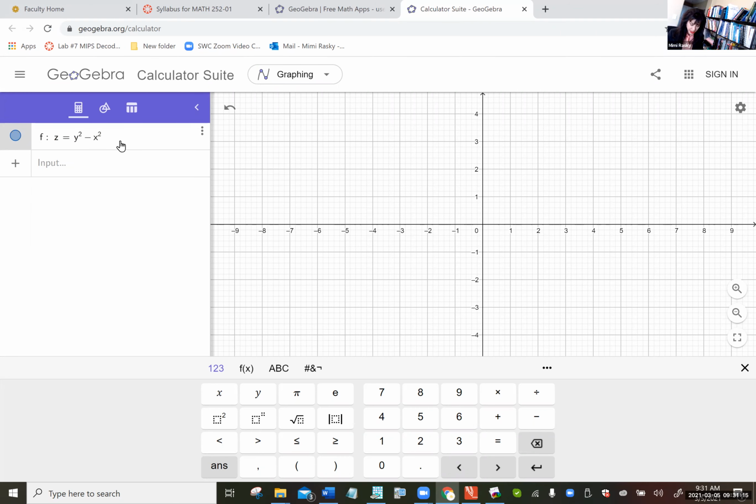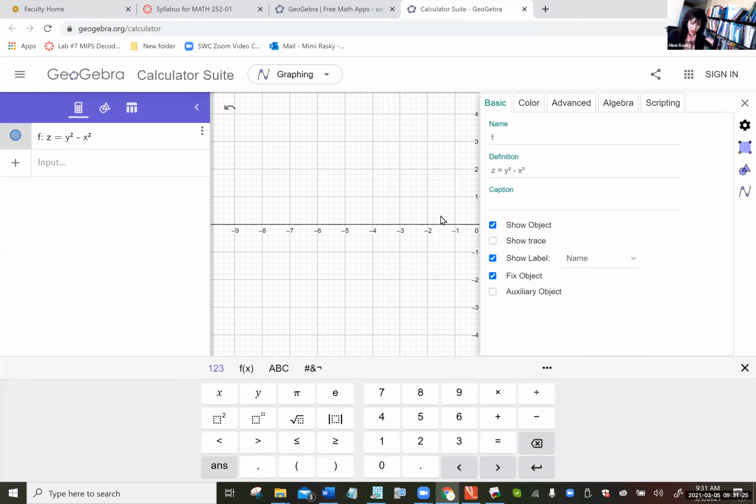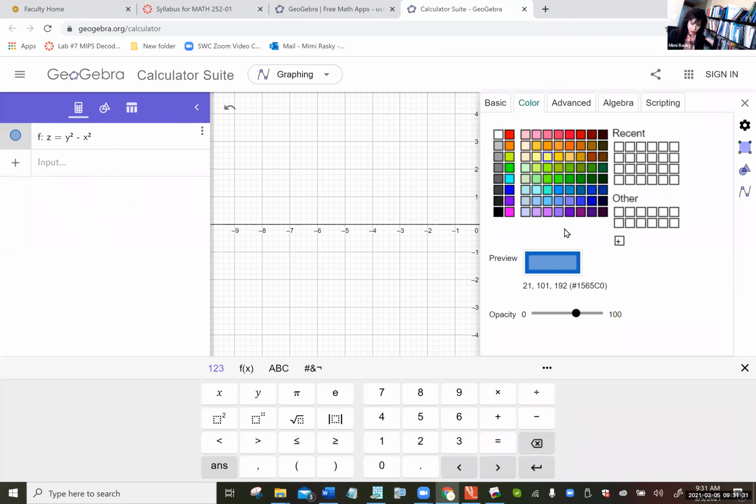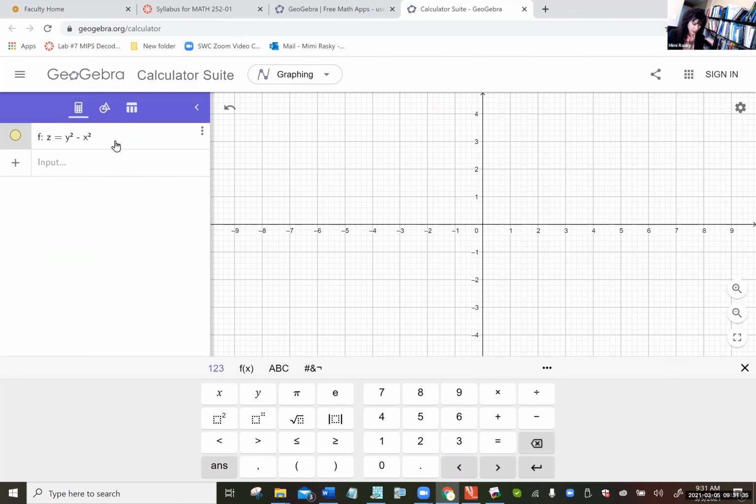Let's see what happens when I hit return. Will it graph it? Nope. Let's see about settings. Does that help me? Show object. Color. Let's do yellow. Okay, hit it. Doesn't look like it wants to graph it.